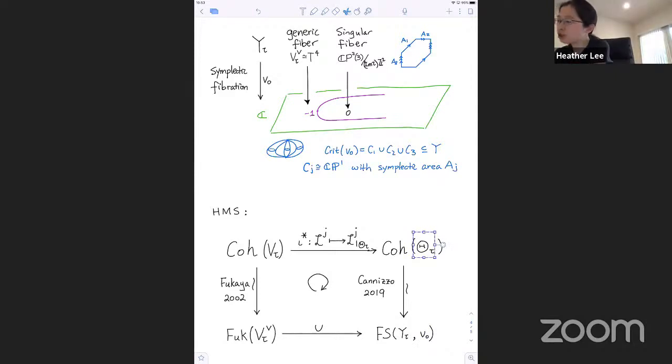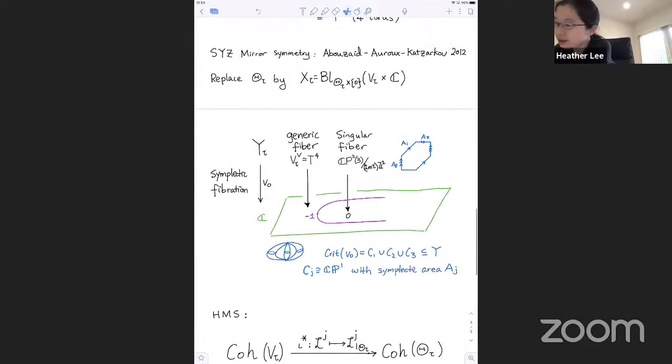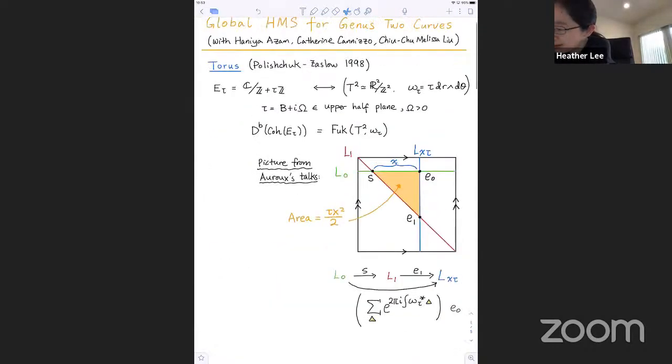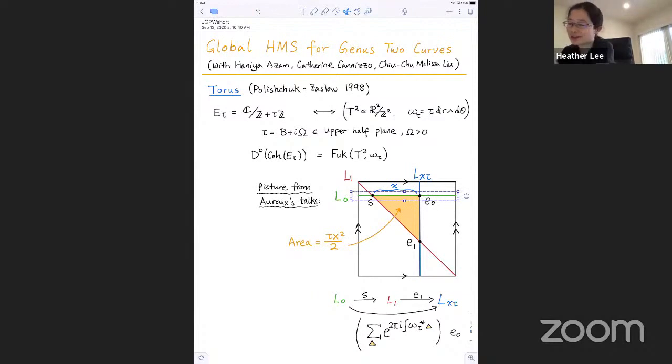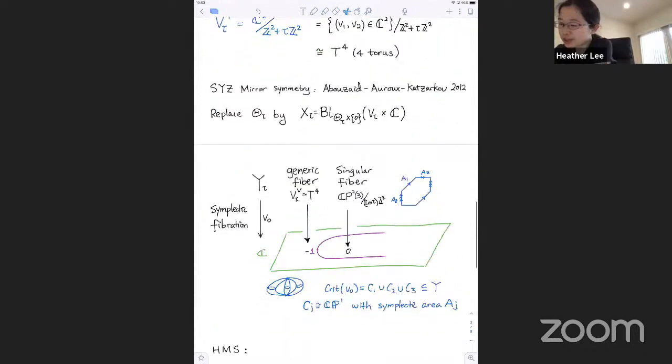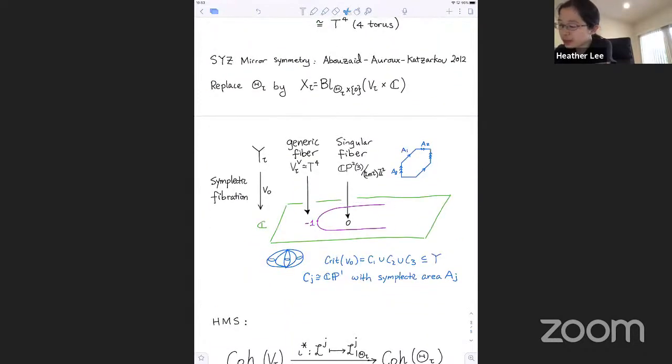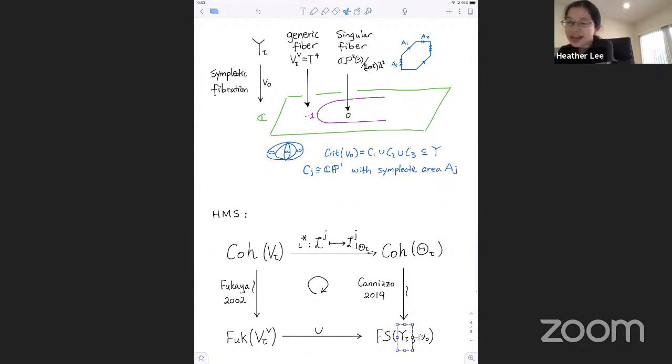So what Catherine showed is that if you take Lagrangians in this 4-torus that are the analog of these horizontal ones here, you can think of the 4-torus like the 2-tori to get the intuition, and parallel transport them around the U-shaped curve to get a Lagrangian in here, then that Lagrangian corresponds to the structure sheaf on the genus 2 curve.